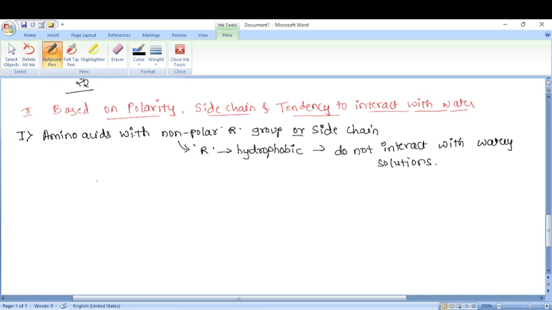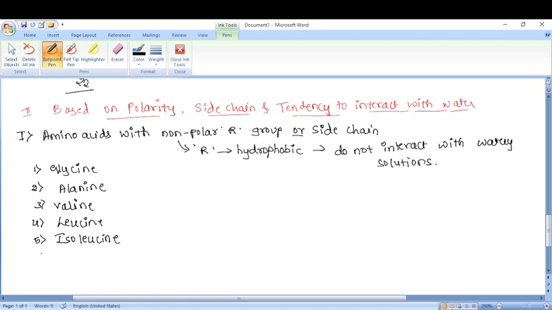And we'll see what the non-polar amino acids are. First one glycine, second alanine, third valine, fourth leucine, fifth isoleucine, proline, next seventh methionine, phenylalanine, and last one tryptophan.